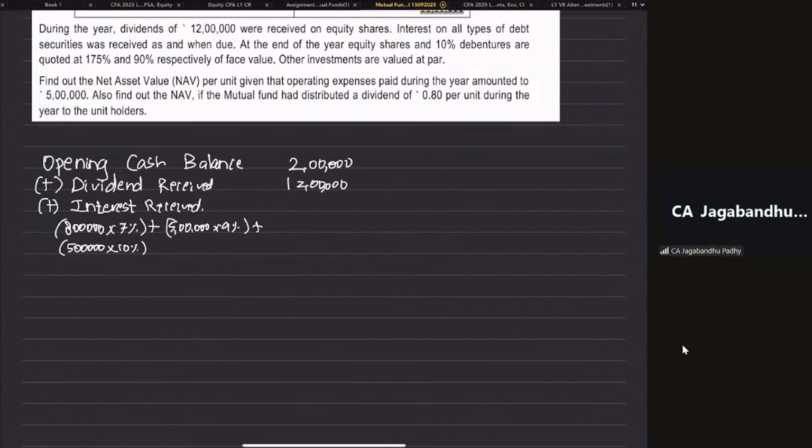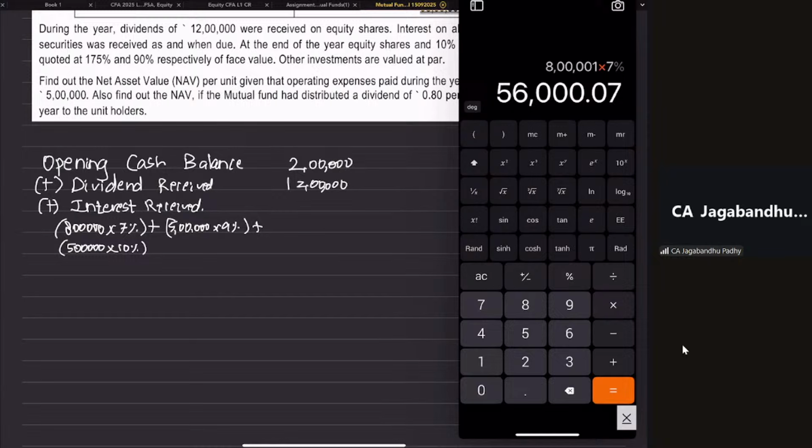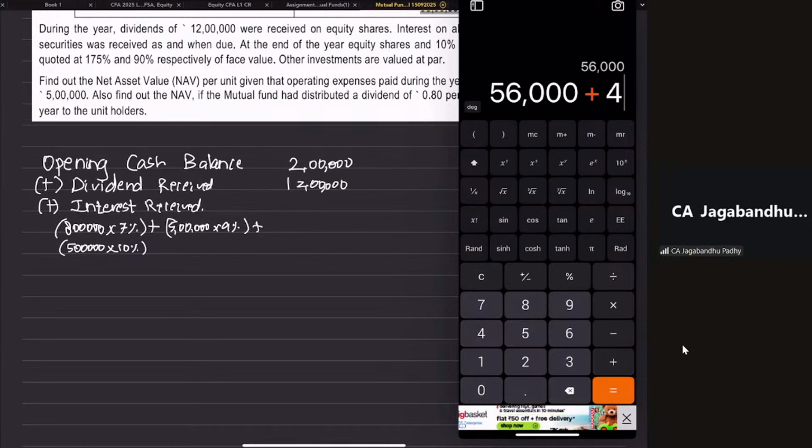So this is going to be 8 lakh into 7%, which is 56,000, plus 45,000, plus 50,000. This is 1,51,000.